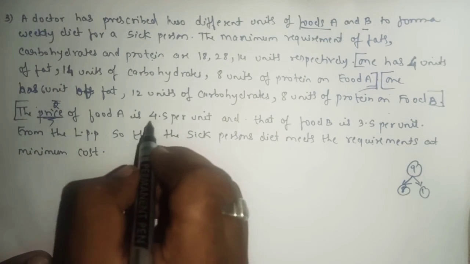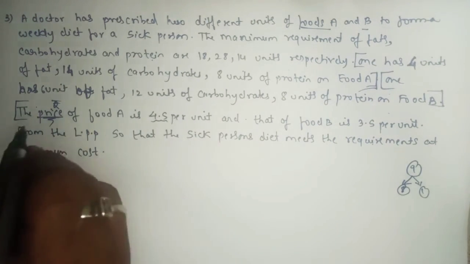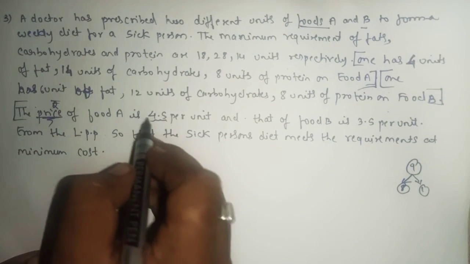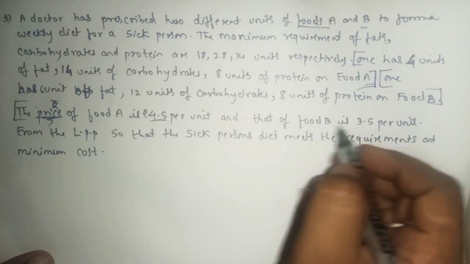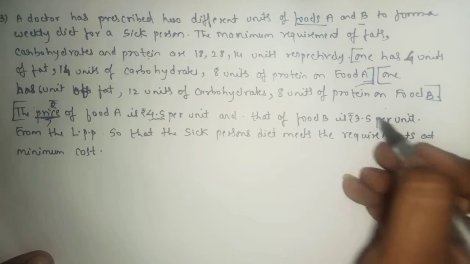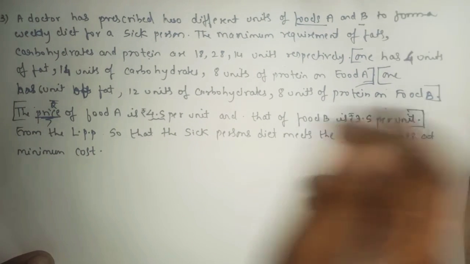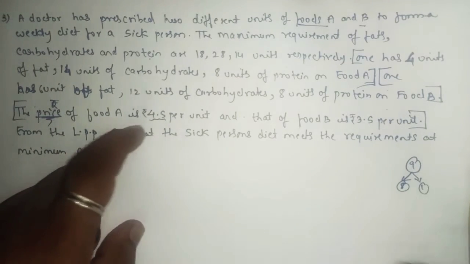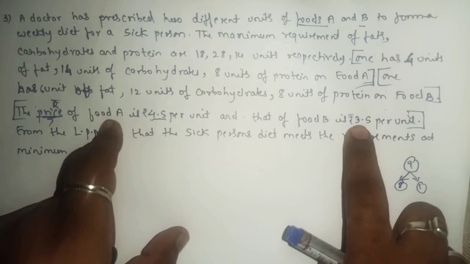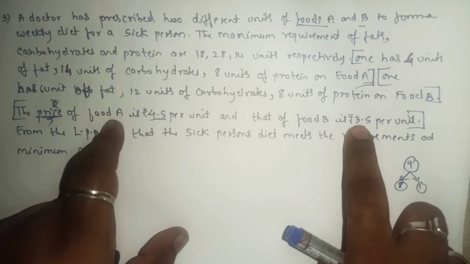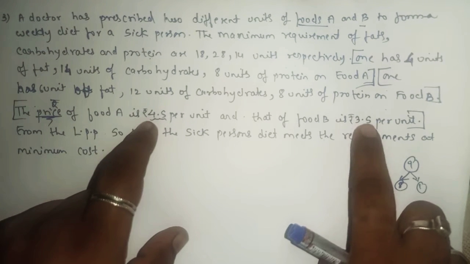Price of food A is 4.5 per unit, and that of food B is rupees 3.5 per unit.